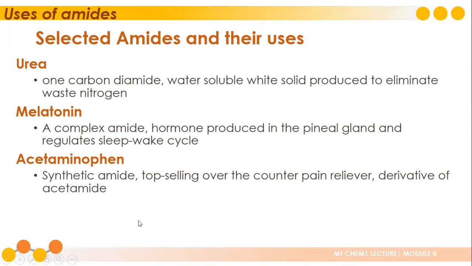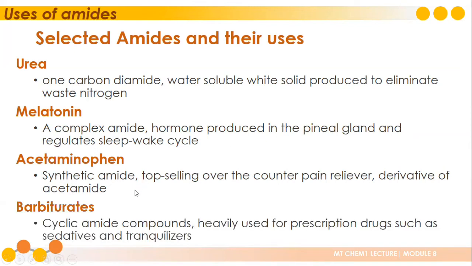This is a derivative of acetamide. So by tweaking some of the properties of acetamide, we can produce acetaminophen. Barbiturates, on the other hand, are cyclic amide compounds, and they are heavily used for prescription drugs such as sedatives and tranquilizers.